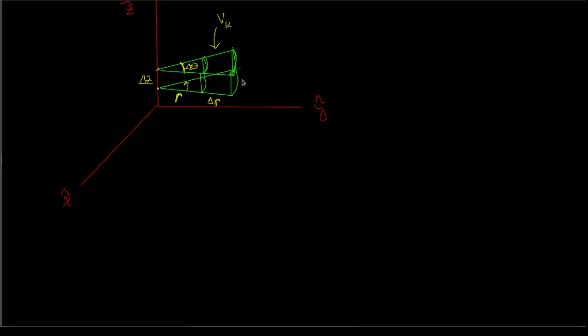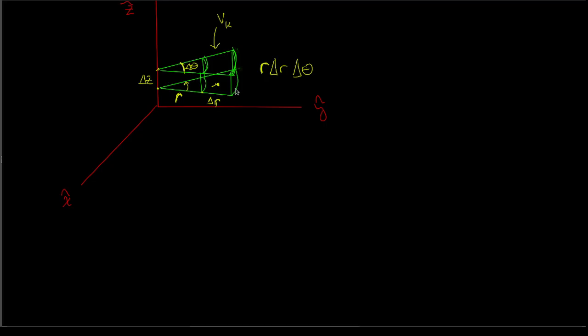And so if we look at the area component that's being swept out, then that's going to be r times delta r times delta theta. And that will make this length times this length in component pieces.